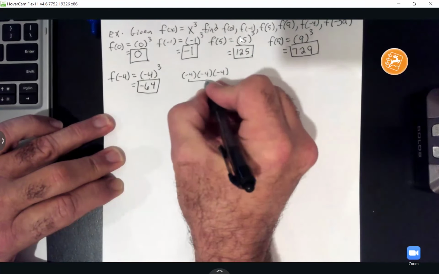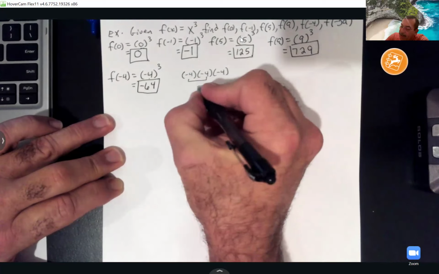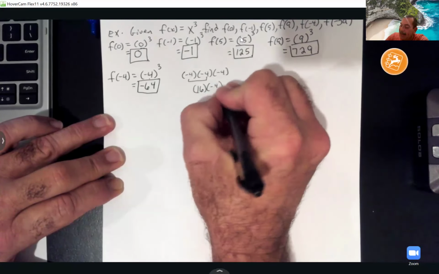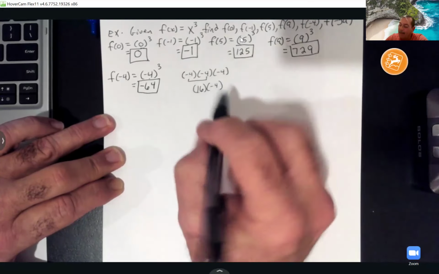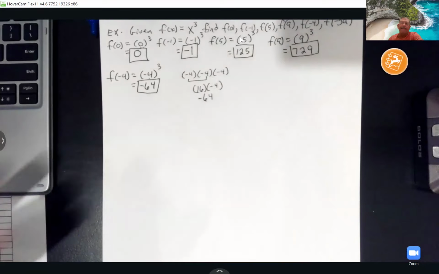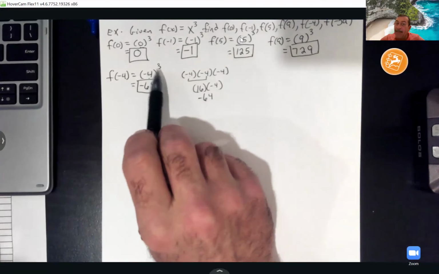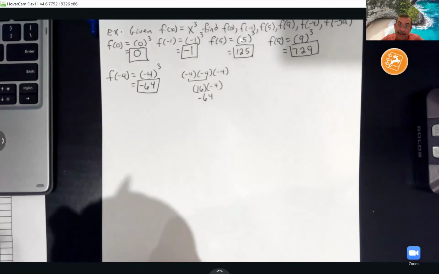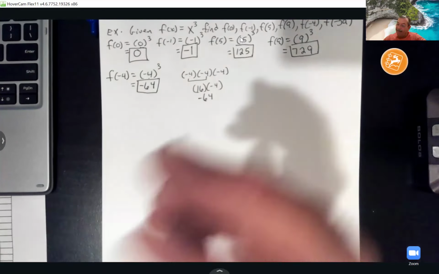If you multiply two of these, negative times negative gives you a positive 16. But then that 16 times that other negative is what's keeping that negative on it, okay? Now, if this was an even exponent, my answer would be positive.